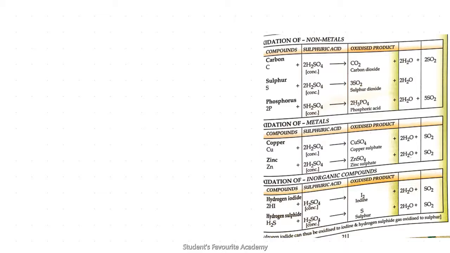The next point is oxidation of non-metals. First of all, we saw how sulfuric acid acts as an oxidizing agent. Then we will be studying how oxidation of non-metals takes place, then the oxidation of metals and then inorganic compounds as well. First, for a non-metal, suppose I have carbon over here. When this reacts with H2SO4, of course you should know the balanced reaction.